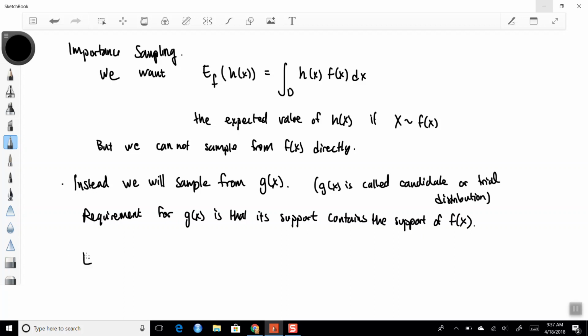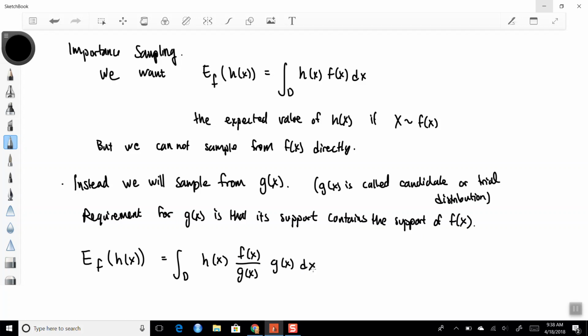In order to get back the expected value of h of x, where x is drawn from f, instead we're going to calculate this as the integral of h of x times f of x divided by g of x, times g of x, dx.